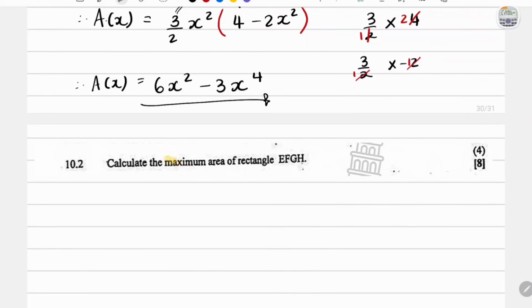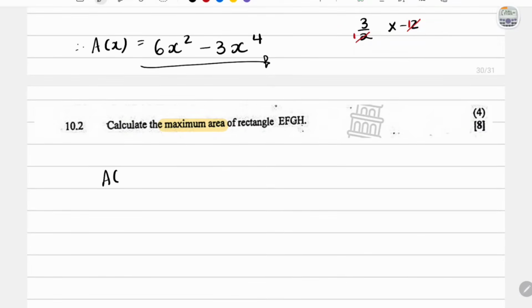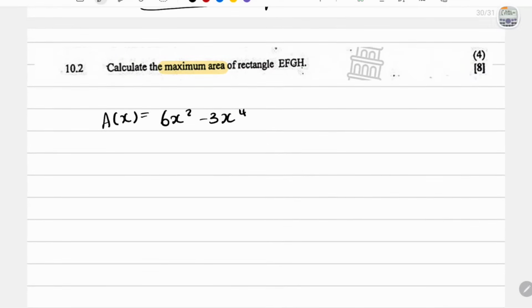To find the maximum area, you first have to find the value of x for which this area will be a maximum. Okay, so we're going to take our function, and to find out its maximum x value, you're going to derive the function, basically finding the gradient, and then you're finding where the gradient is equal to 0, because at stationary points, this is where this graph is neither increasing nor decreasing.